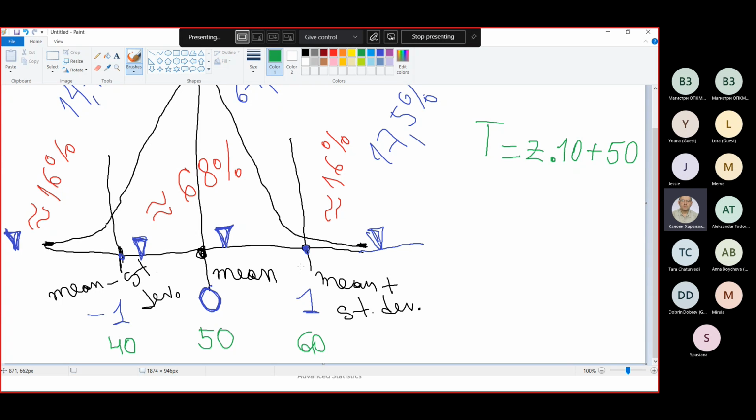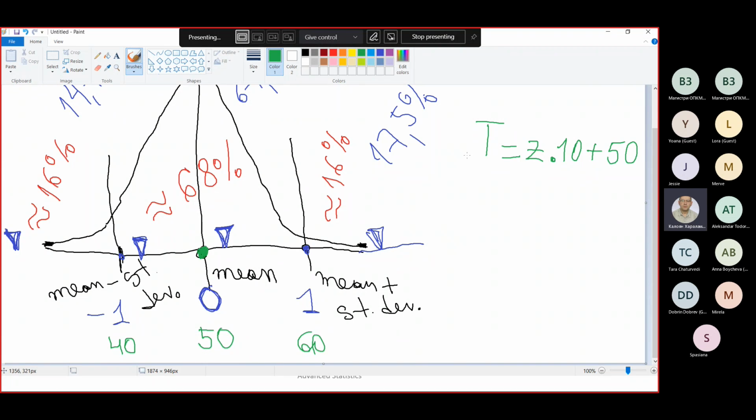So here in the middle, if the raw score is equal to the mean, in the middle we have 50. This is not 50%, but the number is the same. We know that when we use percentages, 50% is in the middle. Here, T-score 50 is also in the middle.